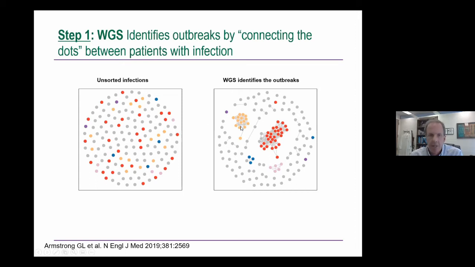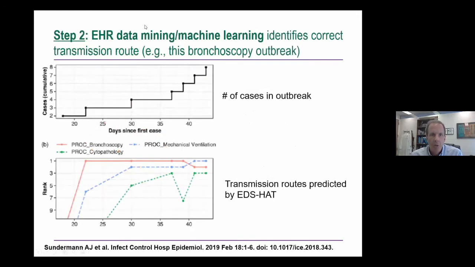We use the sequencing to identify the presence of the outbreak, but that does not tell you what caused the outbreak. So the next step is we do data mining and machine learning of the electronic health record to identify the correct transmission route. Here's an outbreak that we know was caused by a contaminated bronchoscope. Over time, here are 2 cases, 3 cases, 4 cases, and so on.